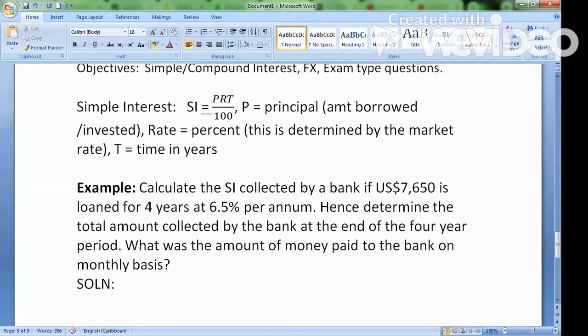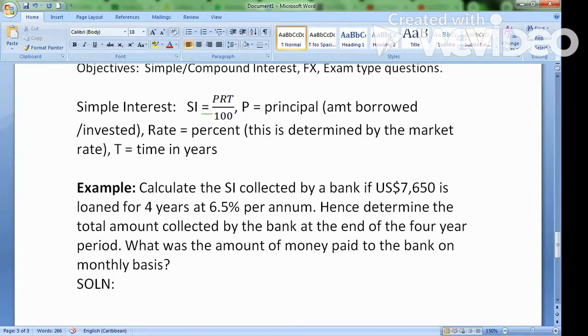Somebody borrows some money for 4 years. We want to know how much the bank collects back. So the bank will collect the principal that they lent plus interest. And we also want to know what was the monthly installment for the customer who borrowed the money.